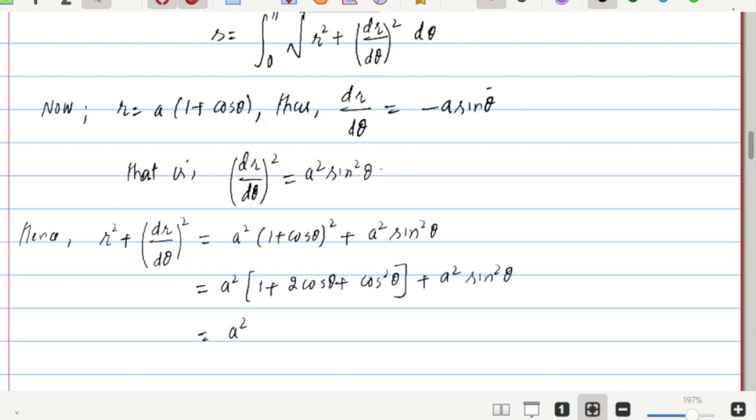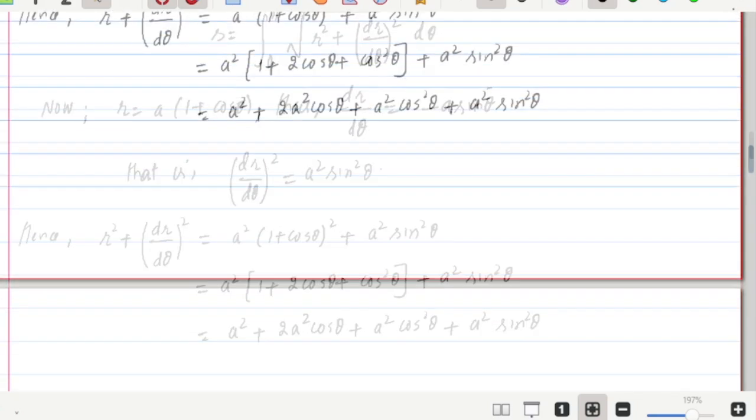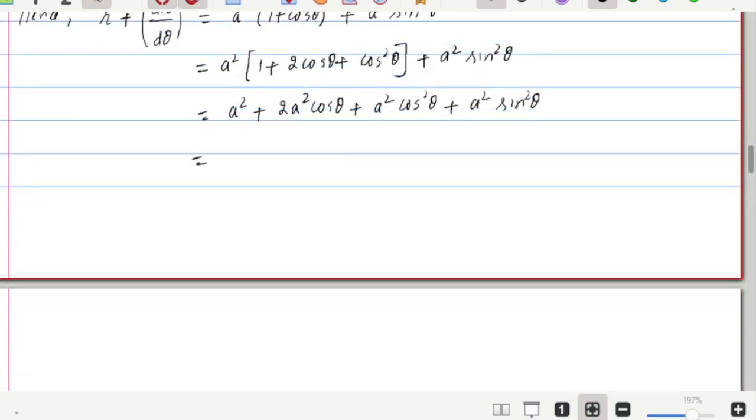So this is equal to a square plus 2a square cos theta plus a square cos square theta, then plus a square sin square theta. Now again simplifying this, this becomes a square plus 2a square cos theta.